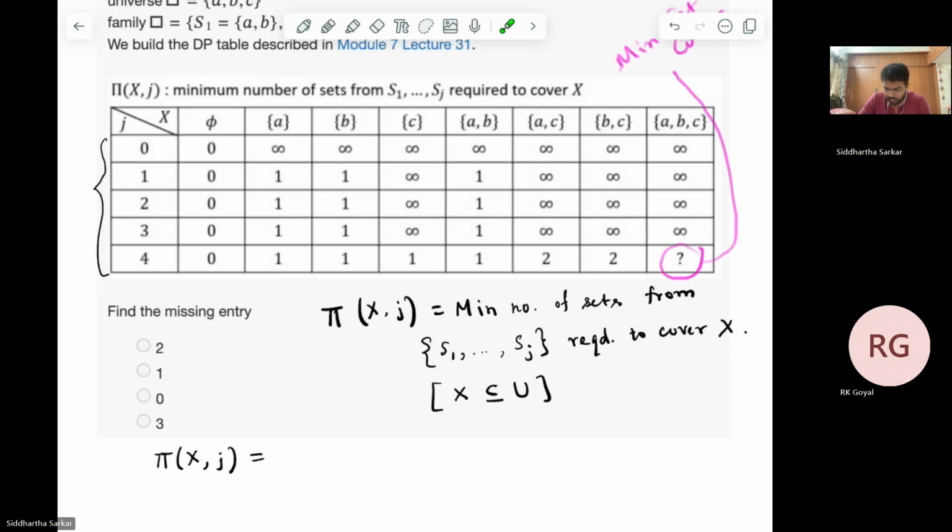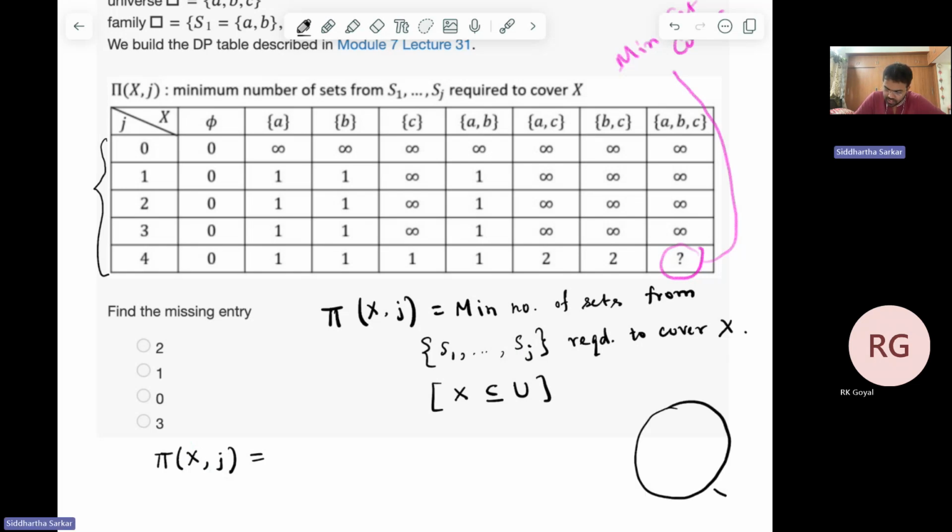Now in the minimum set cover for X, one of two things is possible: either Sj is part of the minimum set cover that covers X, or it is not. If you have taken Sj to cover some of the elements of X, then you are left with covering X minus Sj.